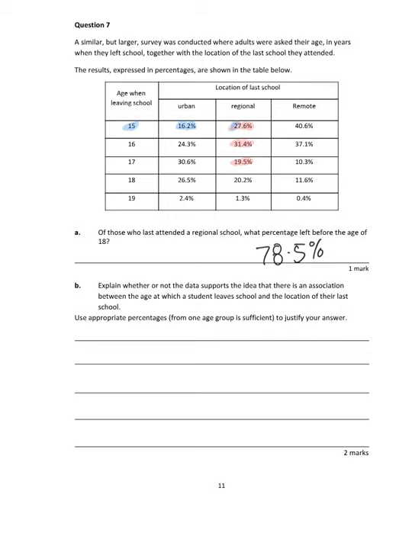Regional is a bit more at 27.6%. Then there's a bigger jump in remote schools, with a whopping 40% of kids leaving school at 15. Even just comparing urban to remote, 16 to 40% is a good 24% difference. So for my justification, I'm going to say yes, there is an association.